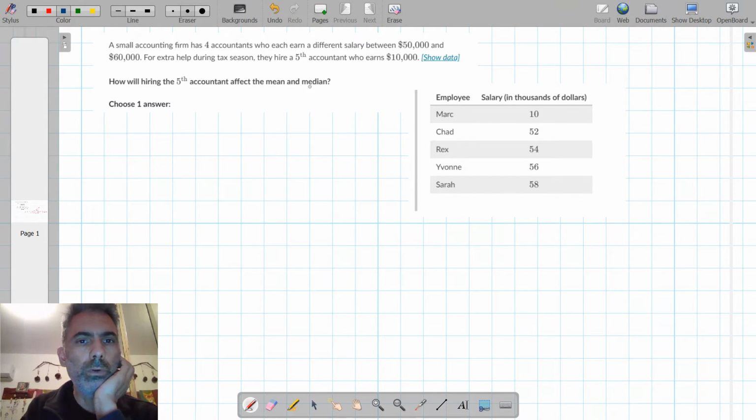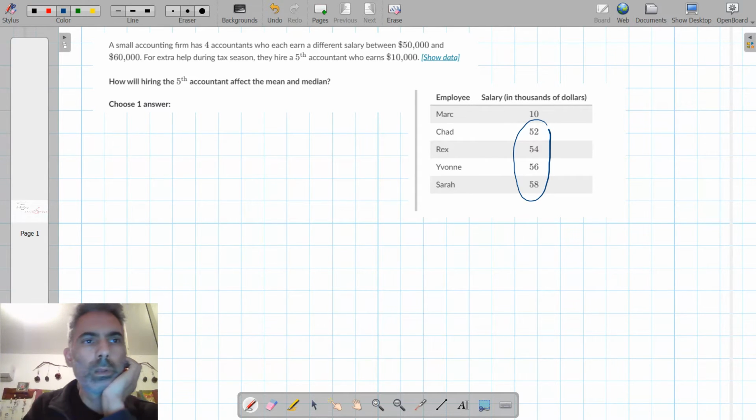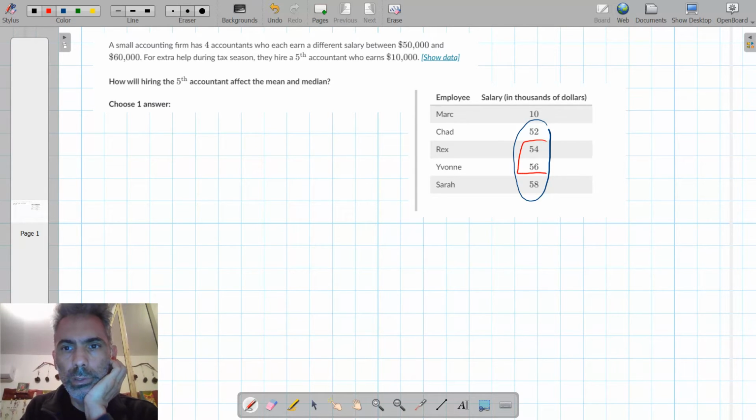Okay, so before they hired the accountant, the mean was... the median. That's the median. We had 4 data points, and these 2 data points are in the middle, so we need to find the mean. So the mean of these 2 data points is 55.